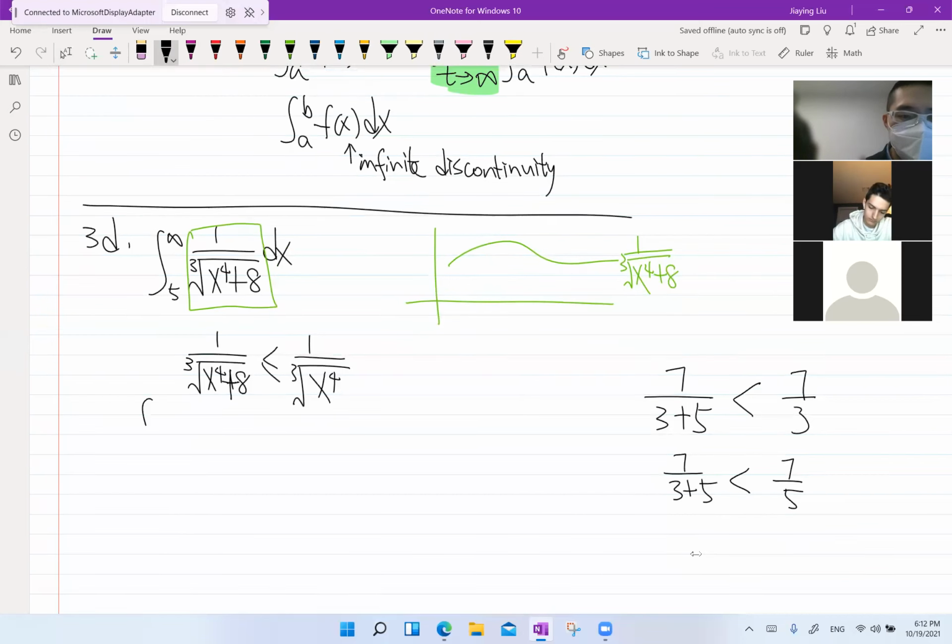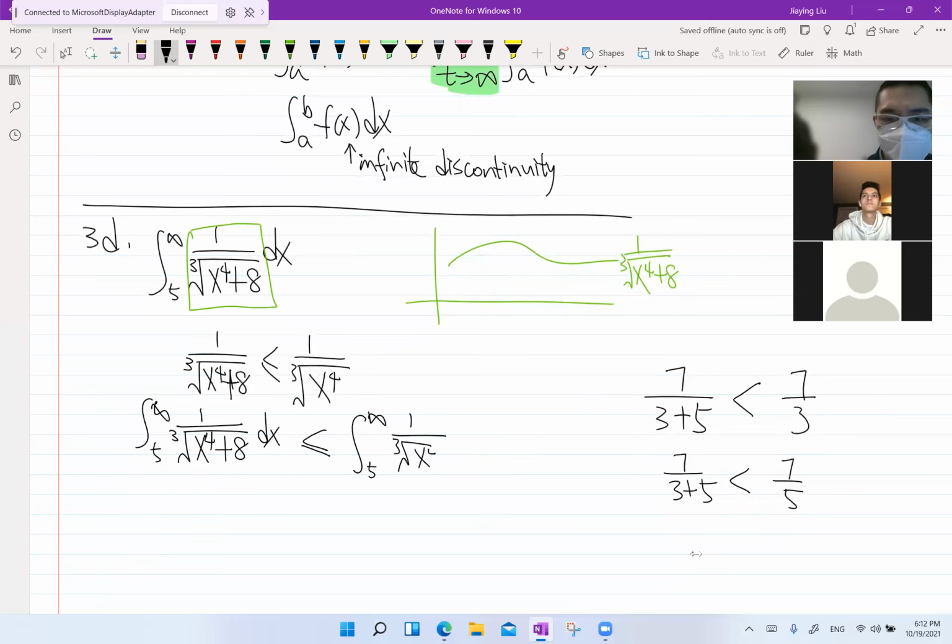So basically, we're comparing the integral from 5 to infinity of 1 over cube root of x to the 4th power plus 8 dx with the integral from 5 to infinity of 1 over cube root of x to the 4th dx. Why do we do this?